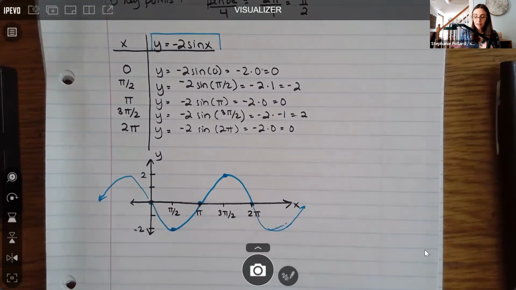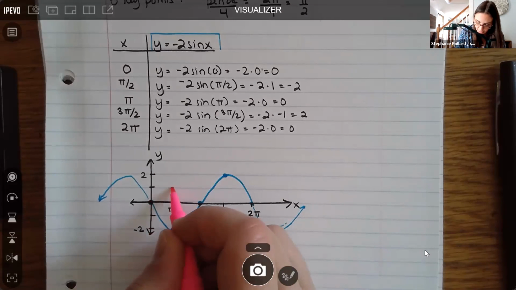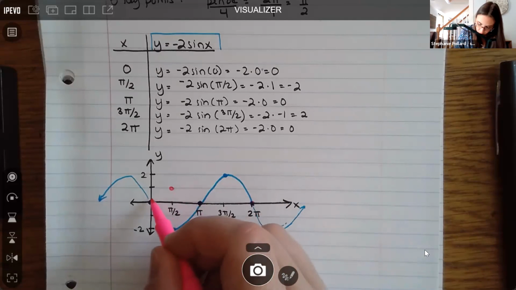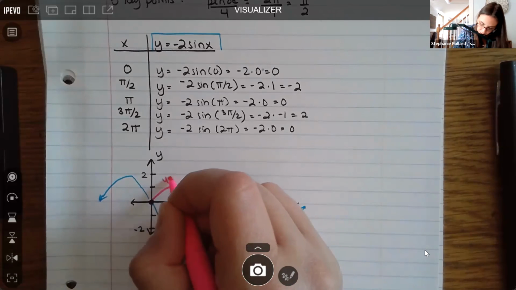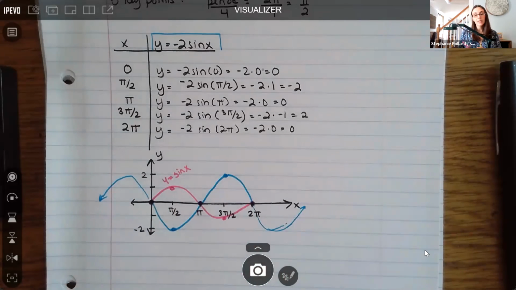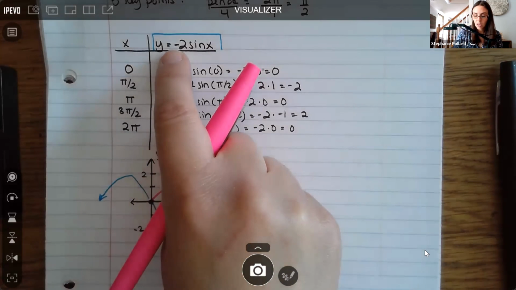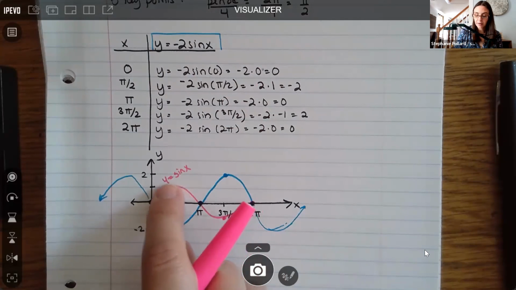The original sine function, just so you remember, it was 0, 0. And then it was at 1, 0, 0, -1, back to 0. So again, that pink one is your original sine function. So you can see that by multiplying by that 2, we had that vertical stretch. We're pulling them up higher. But what happens is that negative out front caused that flip. So instead of it being our max here, it went to the min.